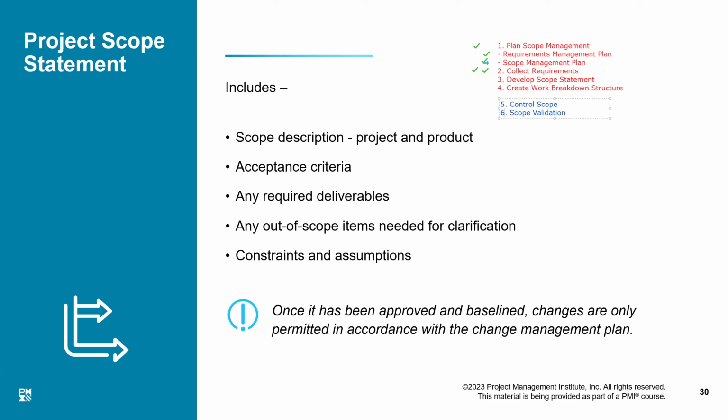That is 6. So there are a total of 6 processes of scope in predictive projects. We'll talk about control scope and scope validation later on when we are discussing the monitoring and control, in the same slides subsequently.